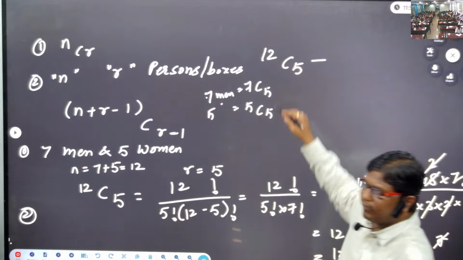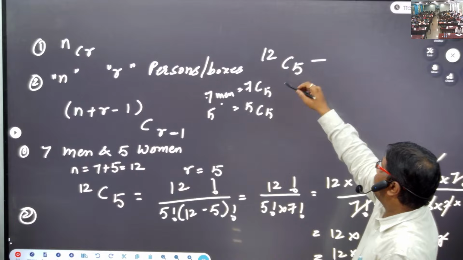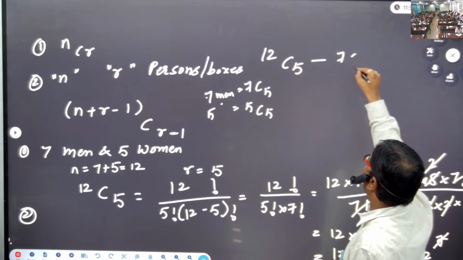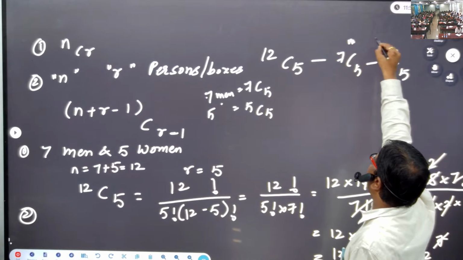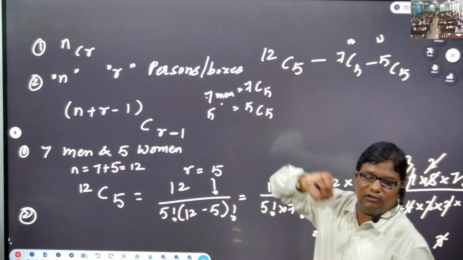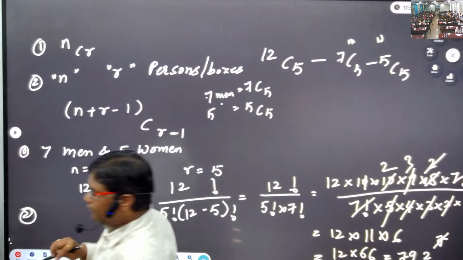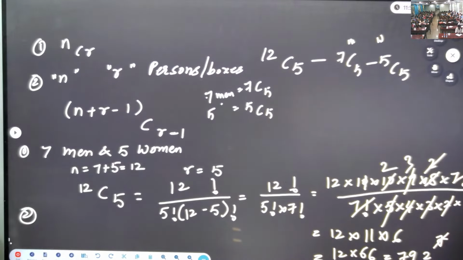So if I subtract 12C5 minus 7C5 minus 5C5, which is with only men and only women, from the total, I will be getting the value of at least one man and at least one woman.